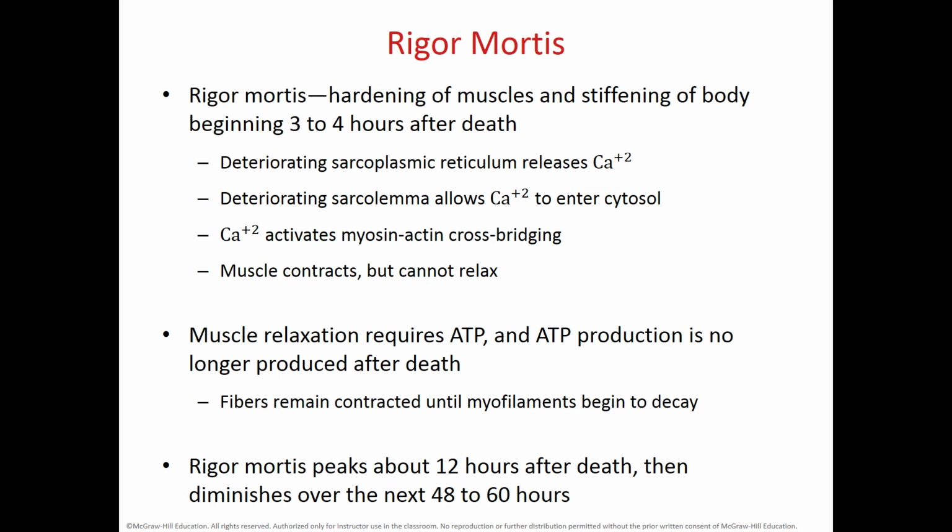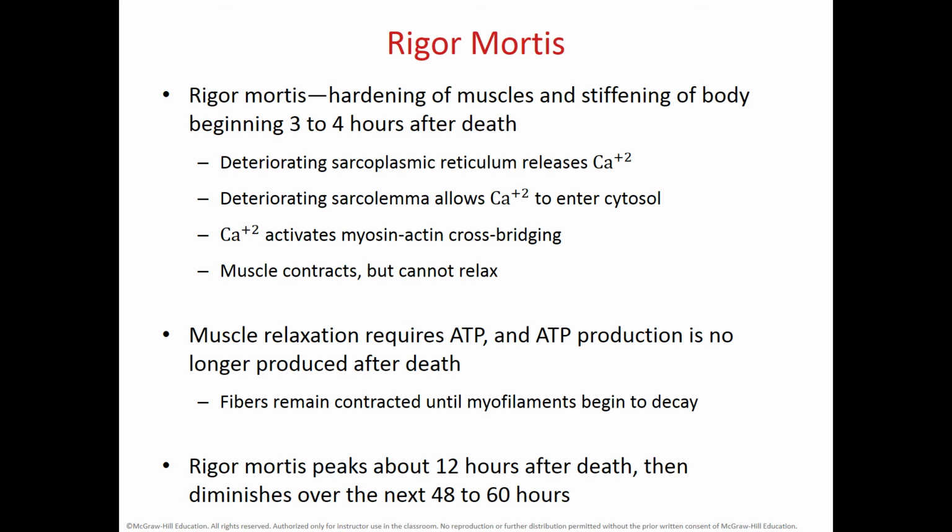But then as the time passes by, you have the leak of the enzymes from the lysosomes, and then you start breaking down the cells of all the body, including the muscle cells, and then you start breaking down these cross bridges between actin and myosin. Rigor mortis can peak about 12 hours after death, then it diminishes over the next 48 to 60 hours.